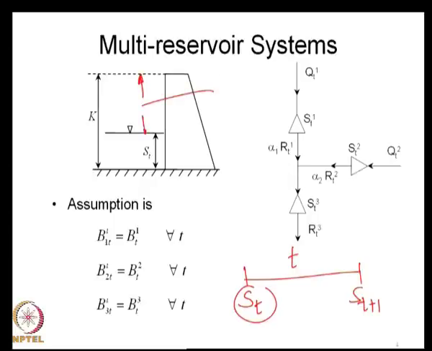That means, if you have a storage of S T and the capacity is K, the associated freeboard that you have for absorbing the floods is K minus S T.